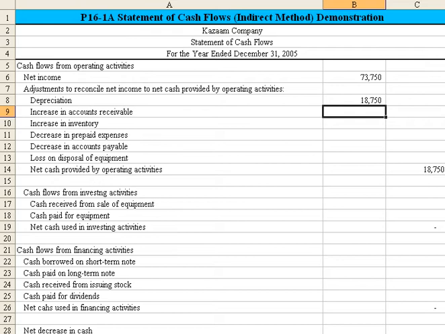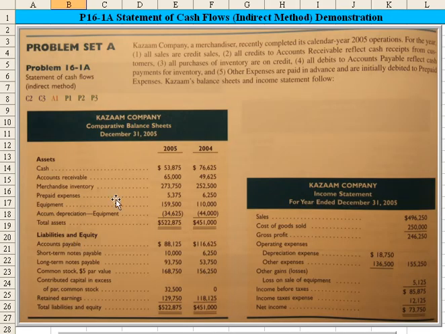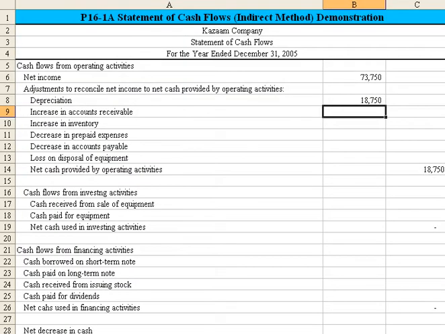Now, the next thing we do is we walk through every single account, making sure we've accounted for all the change, every single account within the working capital section of the balance sheet, which working capital is, as you might recall, current assets less current liabilities. So let's take a look at accounts receivable. It began at $49,625 and it ended at $65,000.